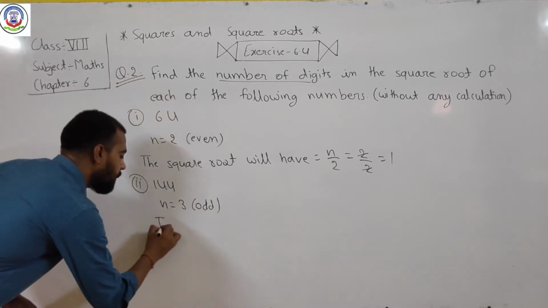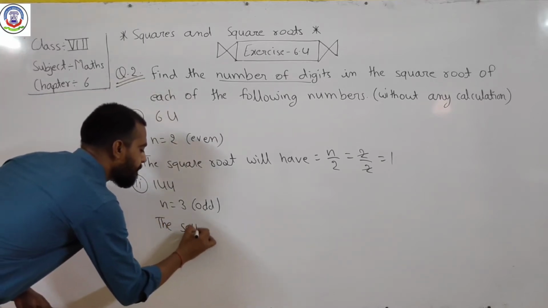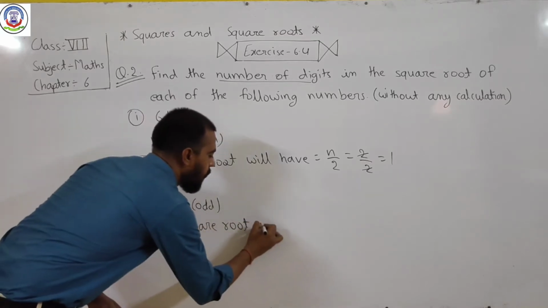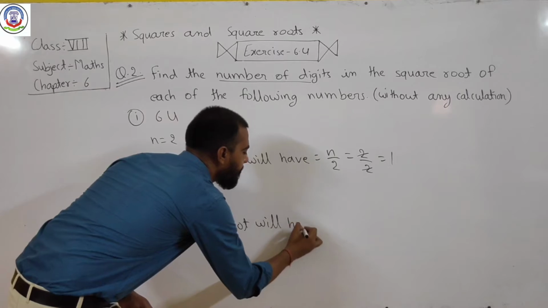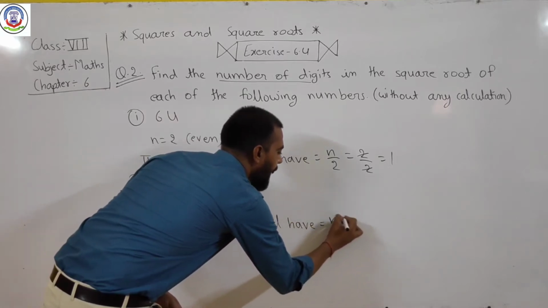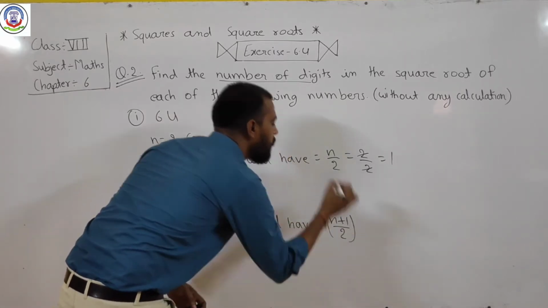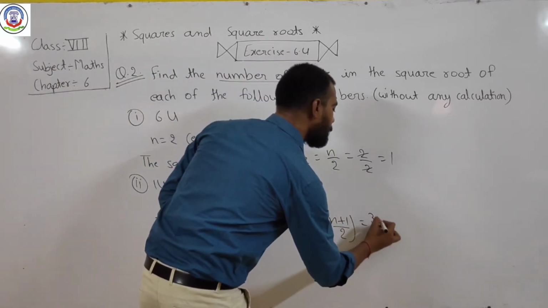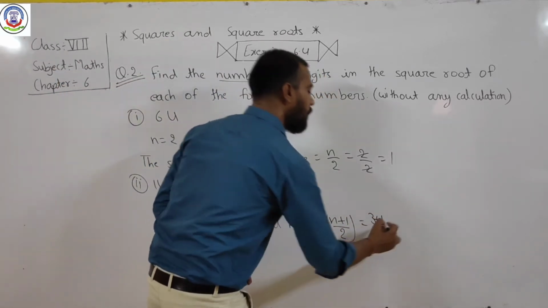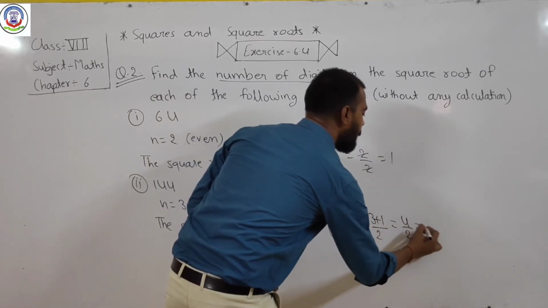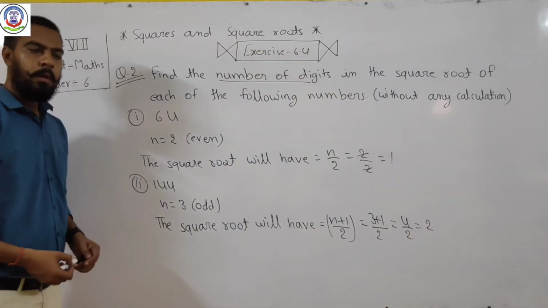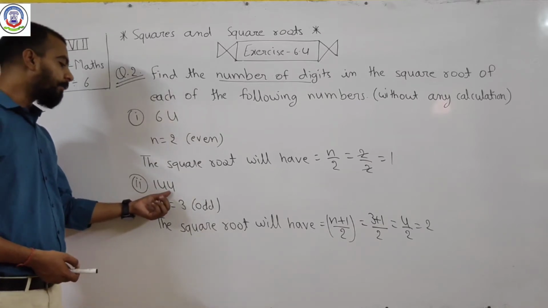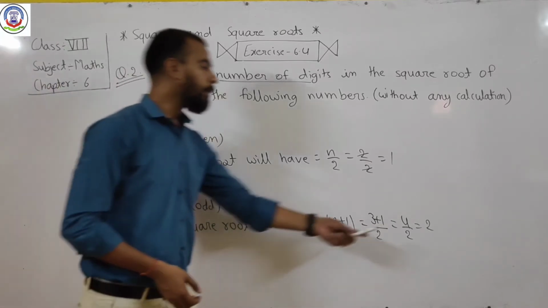Then the square root will have n plus 1 upon 2 digits. That means 3 plus 1 upon 2, 4 upon 2, it will be 2. That means in the square root of 144 there will be 2 digits.